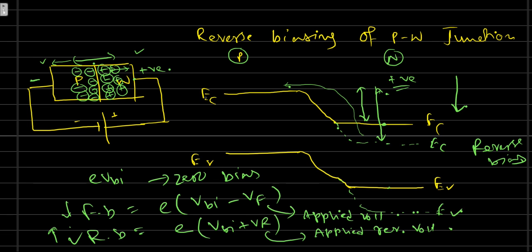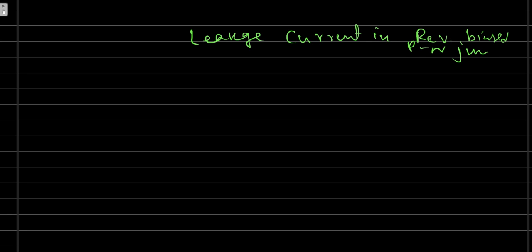Now, why will we get current in reverse bias? Why will a small amount of current flow in reverse bias? Let us see that. We give one term for it: leakage current in a reverse biased PN junction. What is the origin of leakage current?